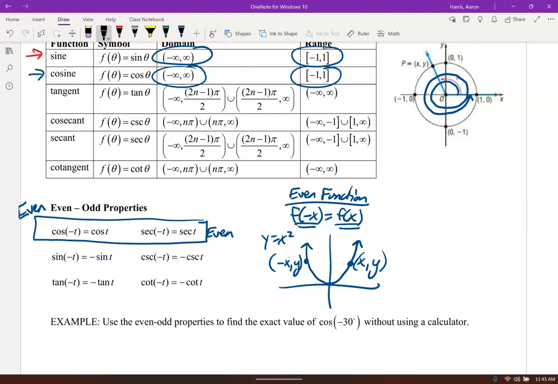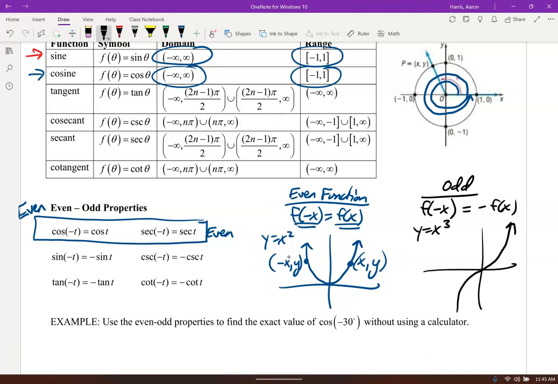Odd functions behave a little differently. That's where f of -x equals -f of x. You may be thinking of x cubed as an odd function. If I were to graph x cubed, -2 cubed is -8, and 2 cubed is 8.